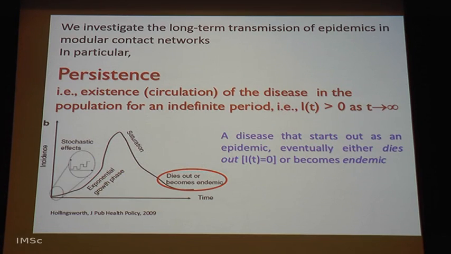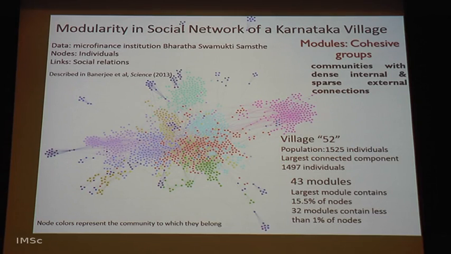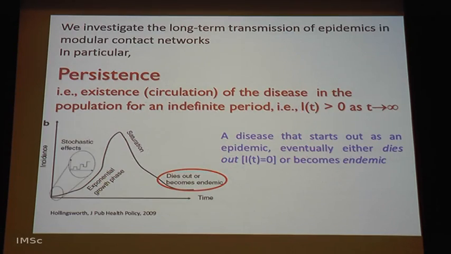What I want to stress is that modules are very important in the social network. This is a reality. It may not be ideal, but it's closer to the ideal. So in this modular network, we investigated the transmission of epidemics, in particular persistence.